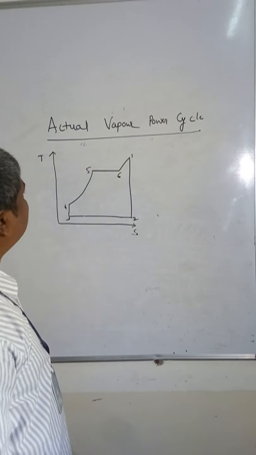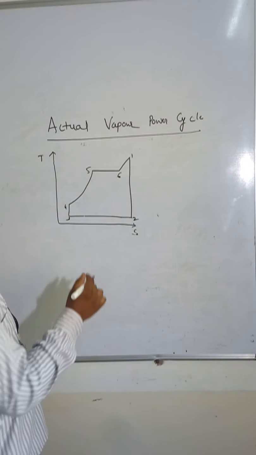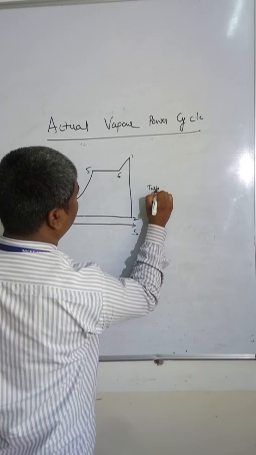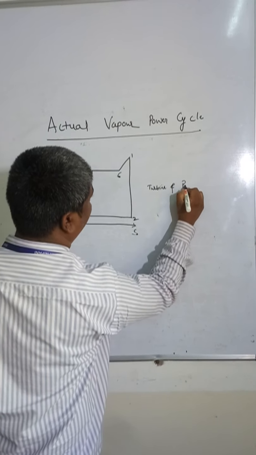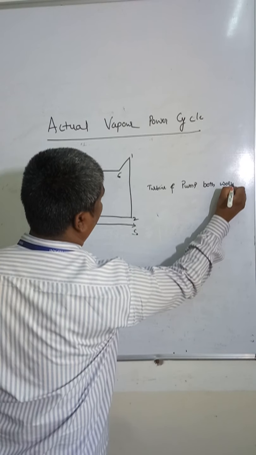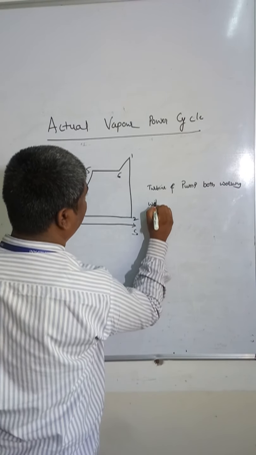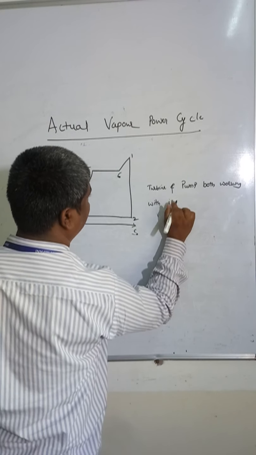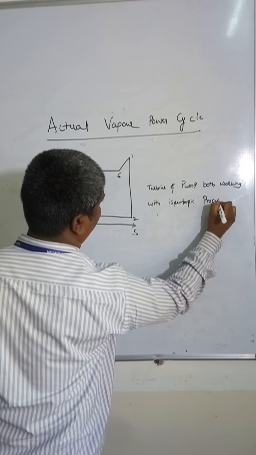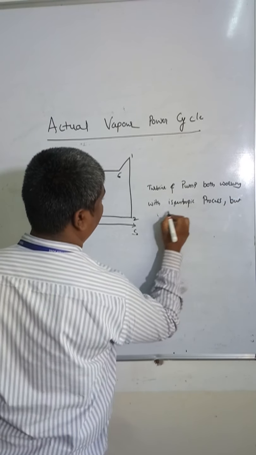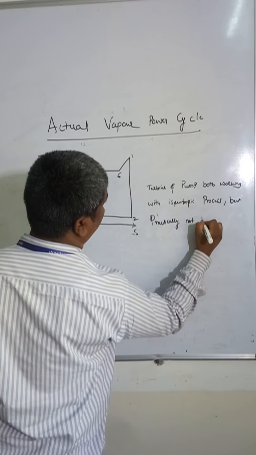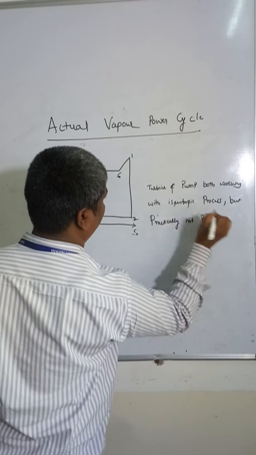See, these things, whatever I am saying here, what we have studied already: the turbine and pump both are working with isentropic process, but practically it is not possible, right?